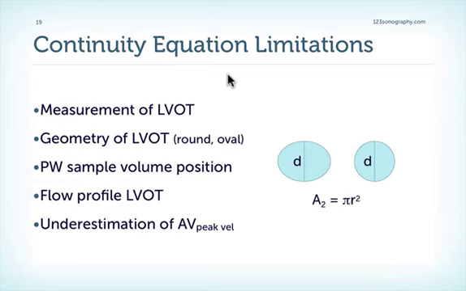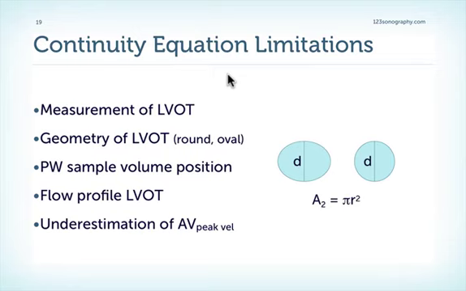Then we don't always know where we have the PW sample volume in the LVOT. It might not be the same as where the diameter was taken in the parasternal view. The flow profile in the LVOT, of course, is very important, because if you have, for example, aortic regurgitation or turbulences in a hypertrophic septum or in hypertrophic obstruction in the LVOT, then we can have a wrong measurement of the LVOT velocity.